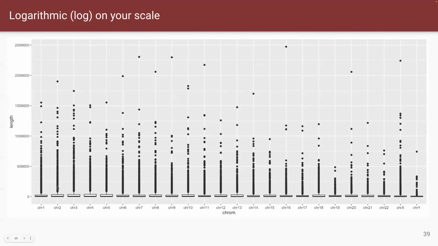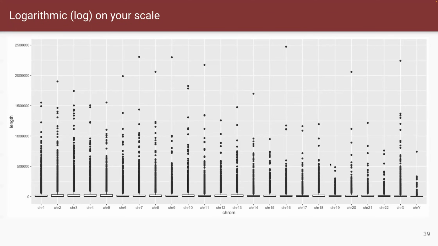Why did that happen? Because the gene length is skewed towards 0 base pairs, right? Only a few genes have very long base pairs, and most of the genes have less than 10,000 base pairs. So the gene length has to be around this scale, right?